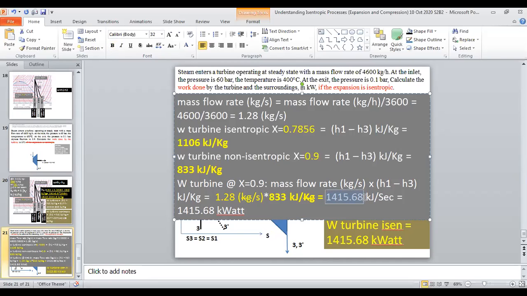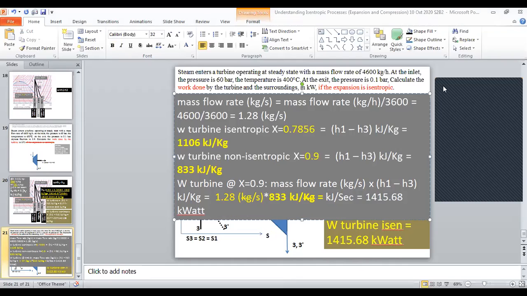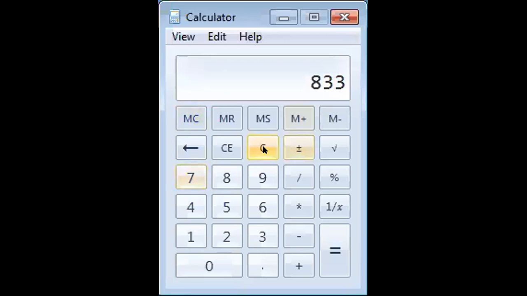It's a different value. After this, you are going to learn a very good piece of knowledge afterward. This is 1066.24.